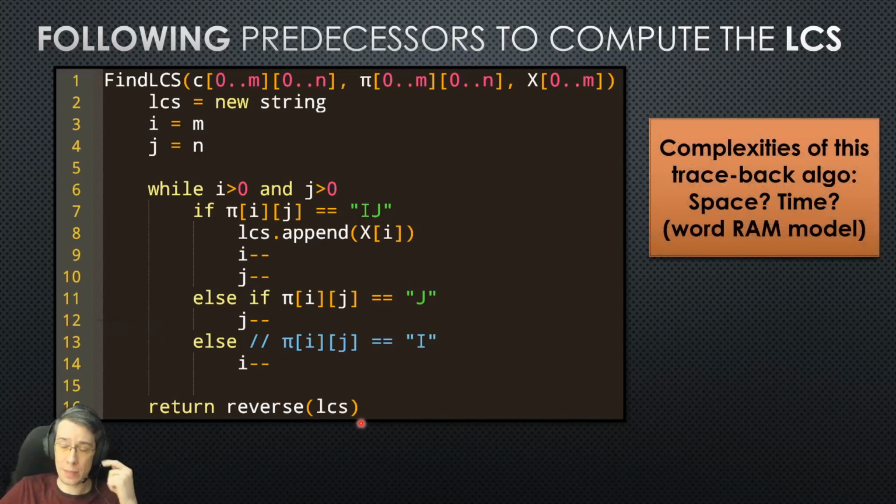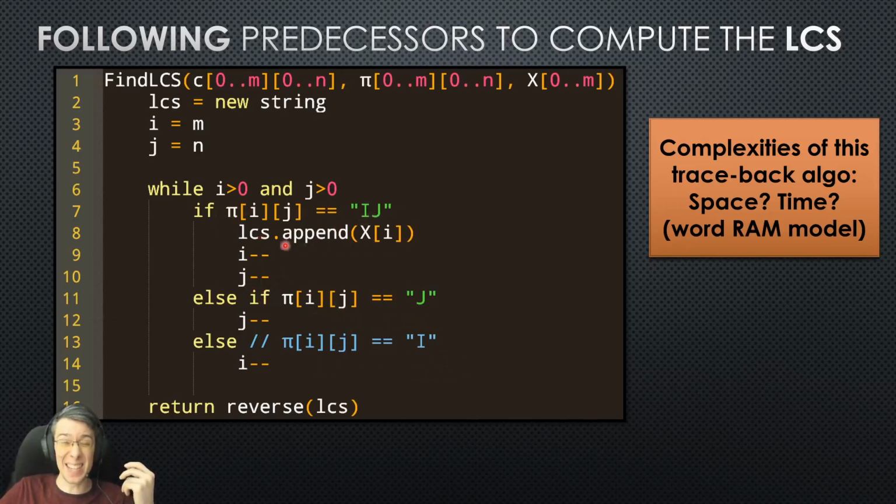Okay. So what's the runtime complexity, or the space complexity of this algorithm in the word RAM model? Well, our operations are going to take constant time on the entries of these arrays, and our decrement will take constant time. Decrements are constant time. These comparisons are constant time.